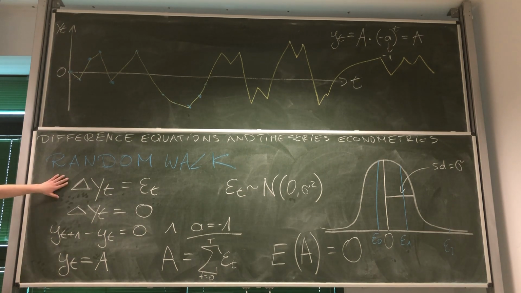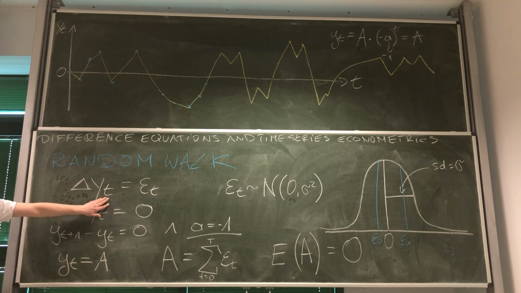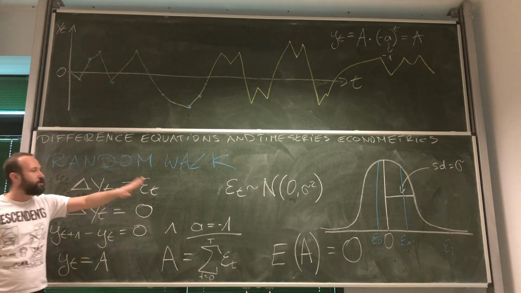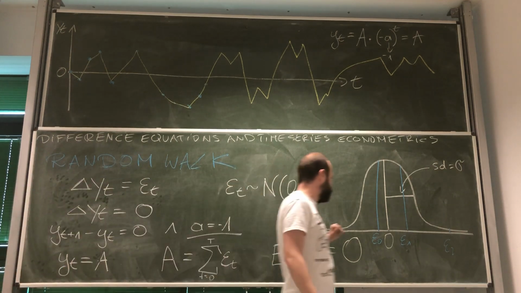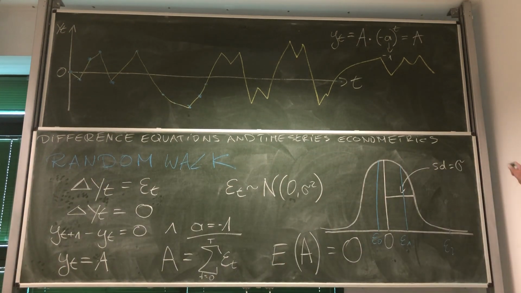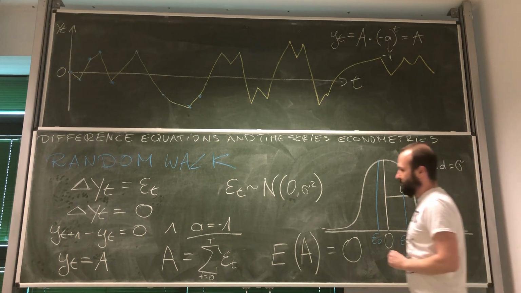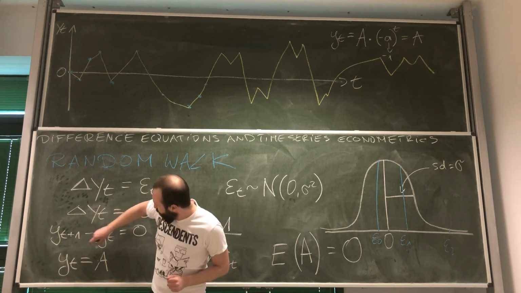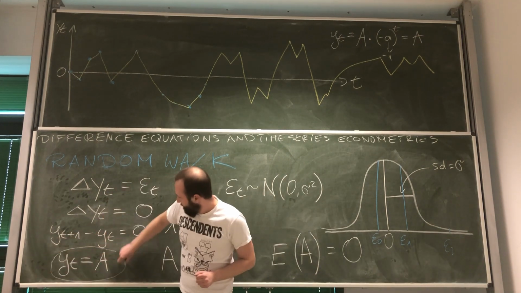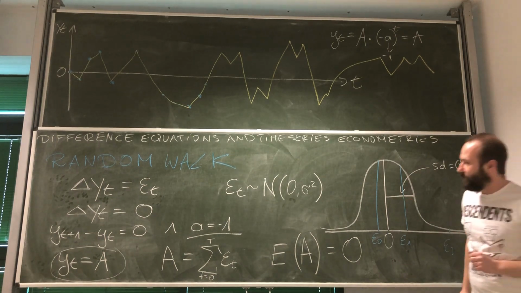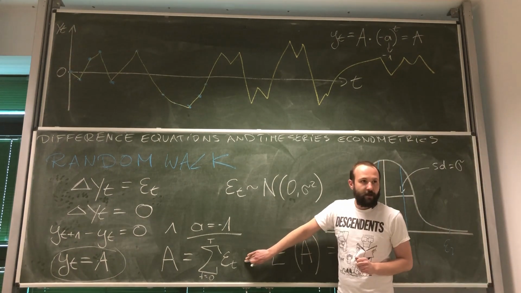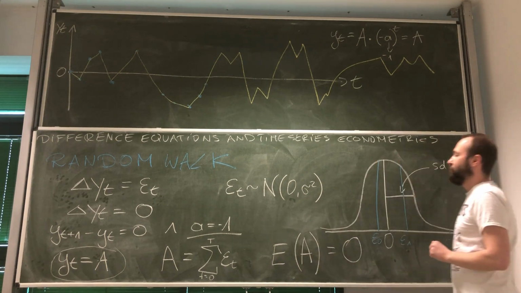So, if we have a process where the change in y at time t is equal to some specific shock, and the specific shock comes from a normal distribution with 0 mean and constant variance, we would expect that the solution to our difference equation is simply a sum of all the past shocks.